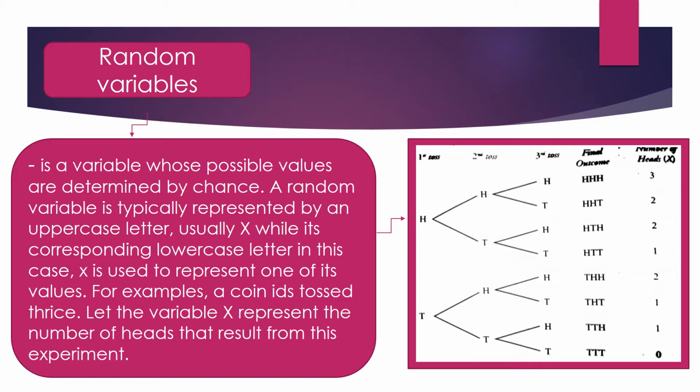So we have a coin tossed 3 times. We have the first toss, second toss, and the third toss. In the first toss, we have the outcomes head and tail. In the second toss, we have 2 heads and 2 tails. And in the third toss, we have 4 heads and 4 tails.